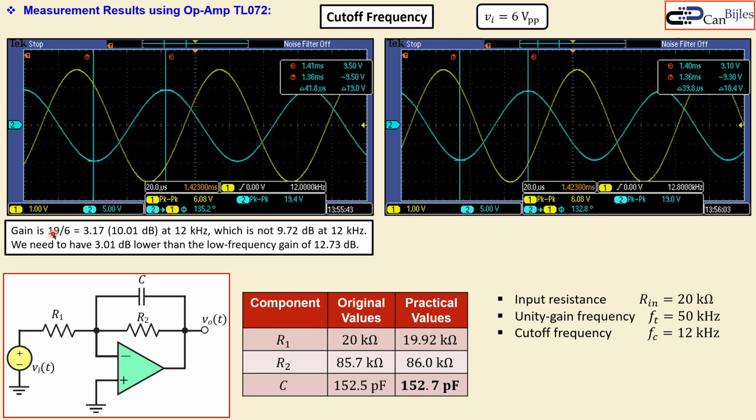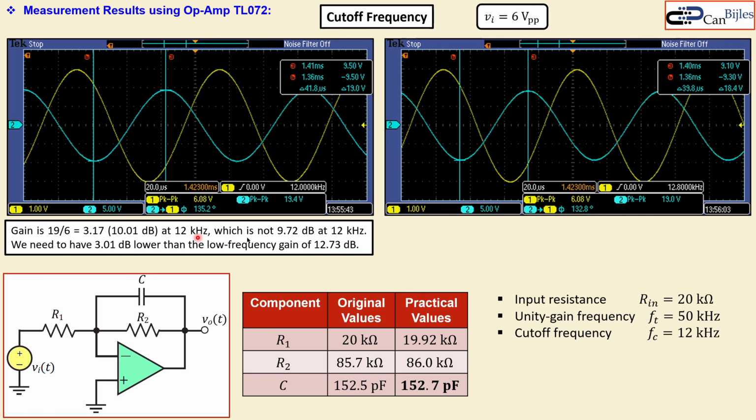Now when you now do this 19 over 6, you will get a gain of 3.17, which is 10 dB approximately. But in order to have the cutoff frequency, we need to go now to 9.72 dB, because that is 3.01 dB lower than this low frequency gain. So there is an error here.